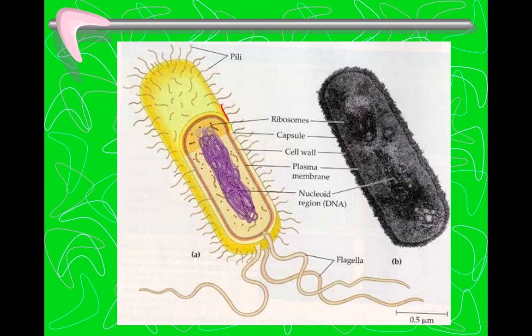Again, we have the outside layer, that's the capsule. And then we have the cell wall. And then we have the plasma membrane and the nucleoid region or DNA right in here. Again, pili, these little hairs, and the flagella.